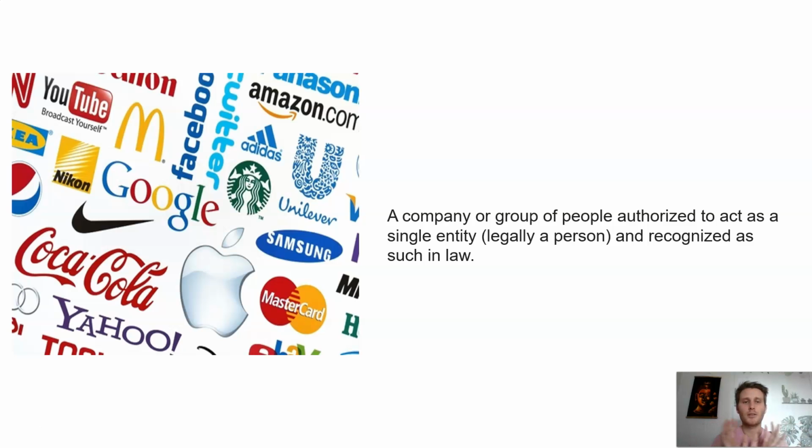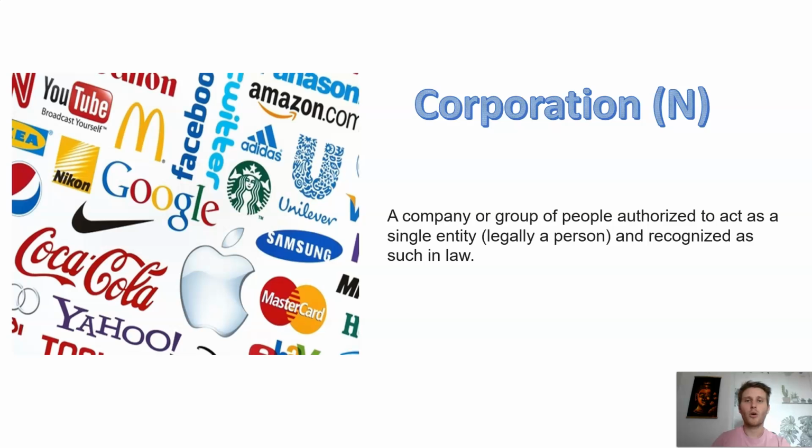We call this a corporation. Corporations are usually big businesses that bring in a lot of money and employ a lot of people. They are legal entities which are governed by specific countries. Corporations are nouns.